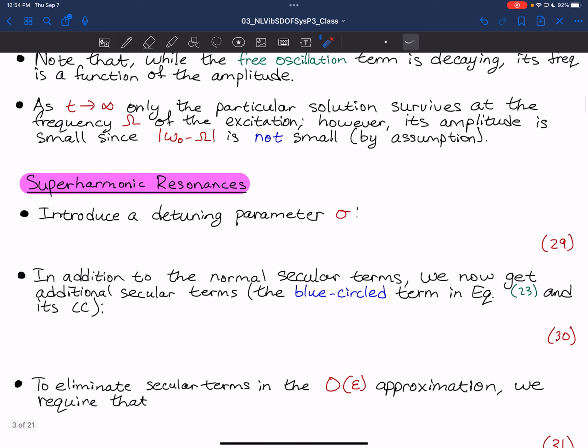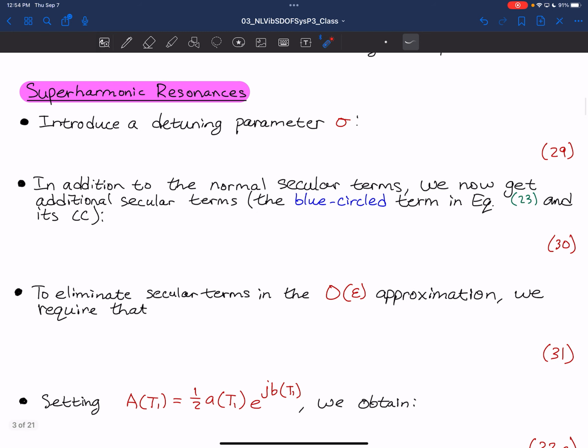All right. In that case, we're going to move on to look at superharmonic resonance. In this case, we're going to use a detuning parameter, and we're going to say that 3 times capital omega is going to be equal to omega 0 plus epsilon sigma. And this is the case where capital omega is approximately equal to omega 0 over 3.